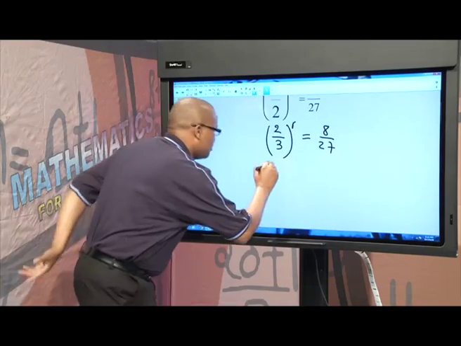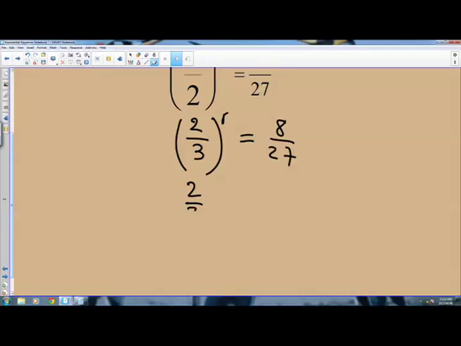Now, 2 over 3, all this raised to the power r will be equal to, it's now simplified. We have touched such examples before. So you can now write this 8 using base 2, and 8 using base 2 is 2 to the power 3, divided by, and then what about 27 using base 3?